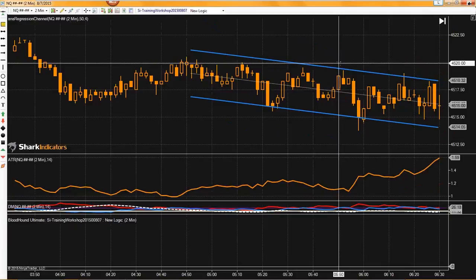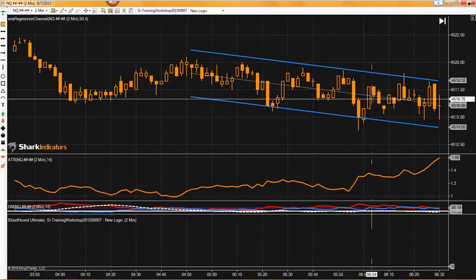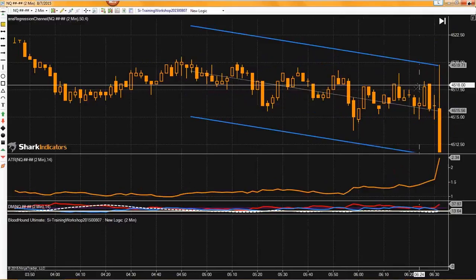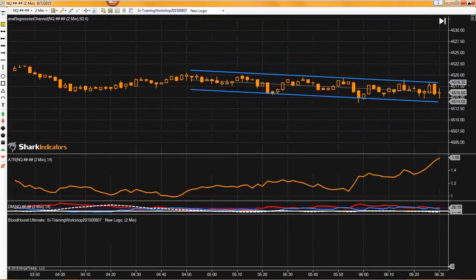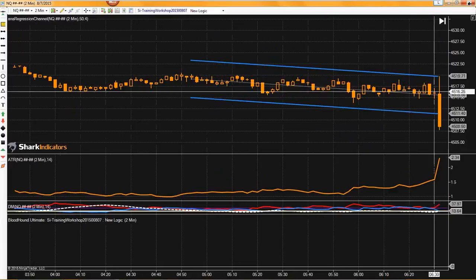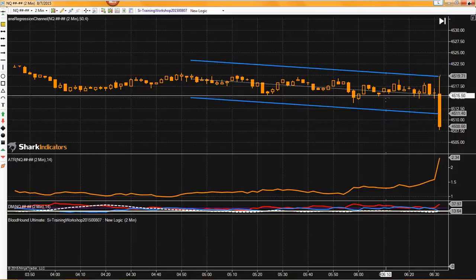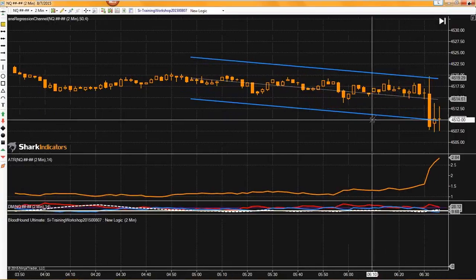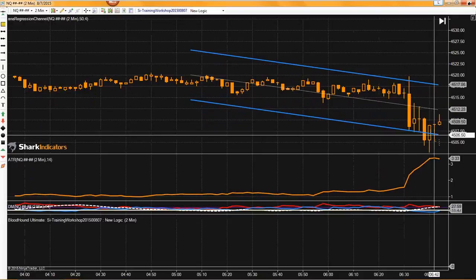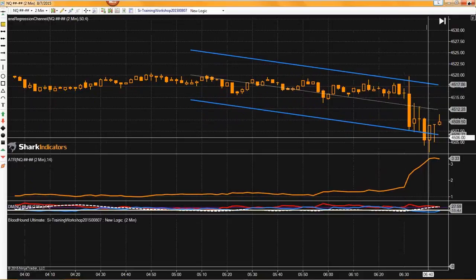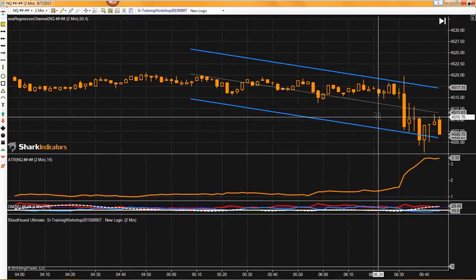So the channel is a narrow trading range, and then we get this big bar here. Let's back up. The channel is really narrow, and then we get this huge bar, and the channel begins to expand. As we get enough price action, price movement, the channel widens.